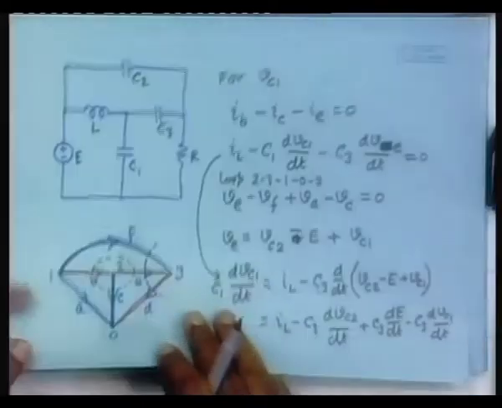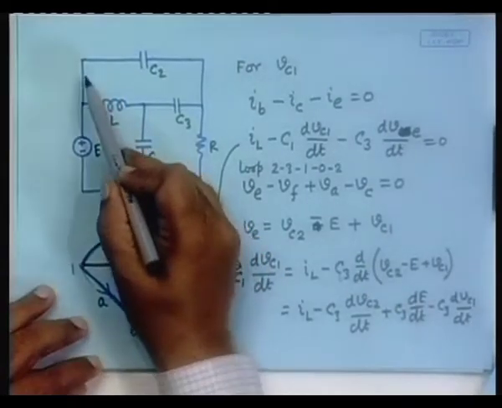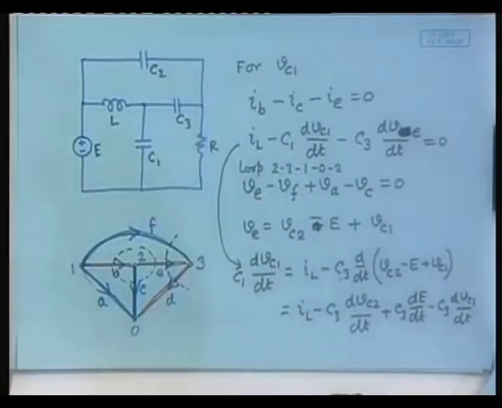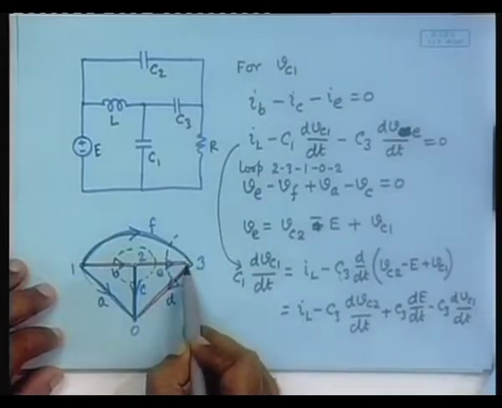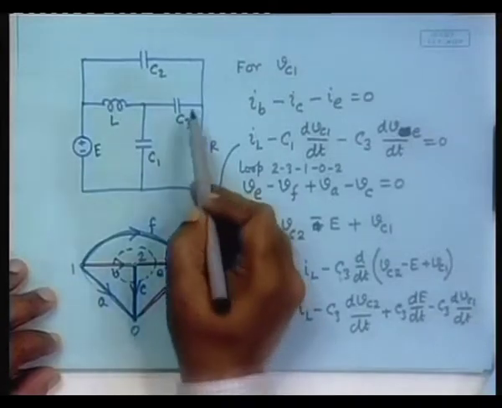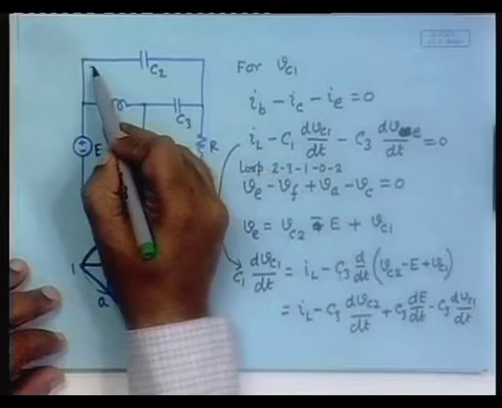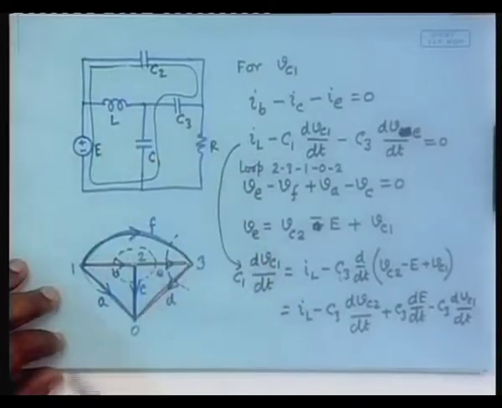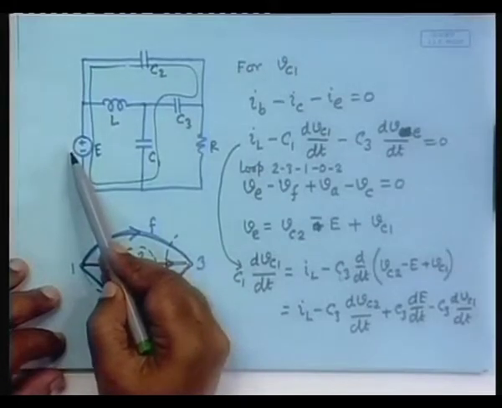Notice one important aspect here. What did we do? Because we had this particular situation, let us physically understand why this problem happened, that one capacitor branch was excluded from the standard tree. It was because you can identify a loop that has only capacitances and the voltage sources, right.